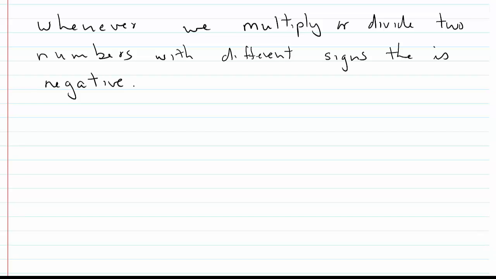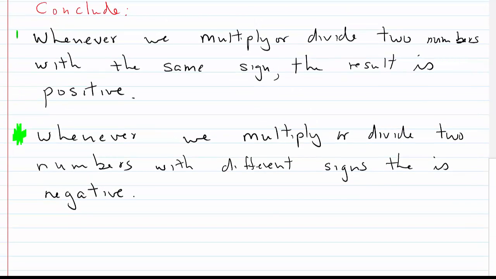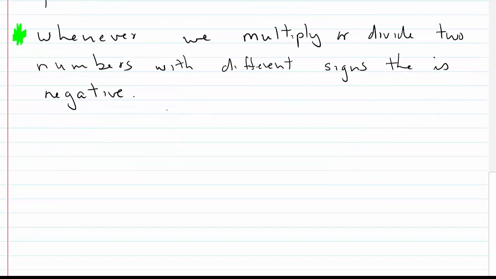So these are the two main rules for multiplication and division of sign numbers.